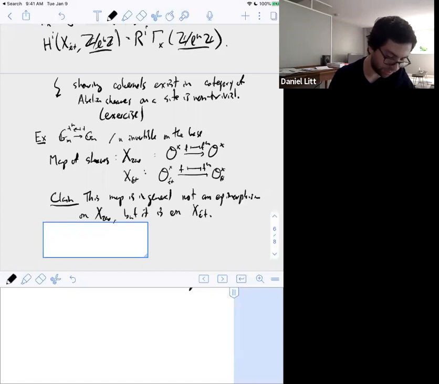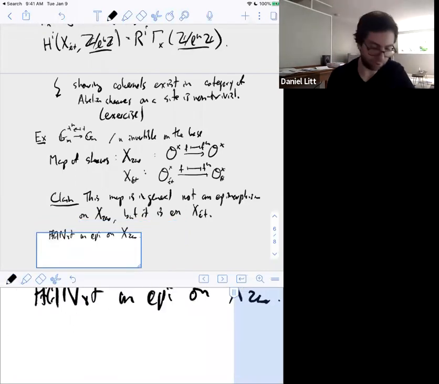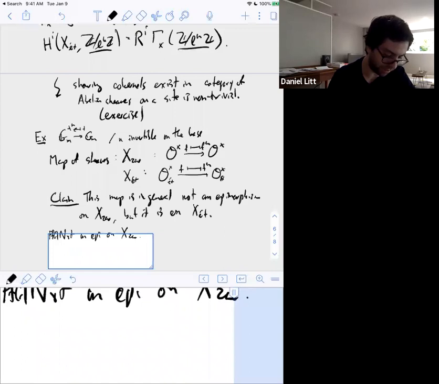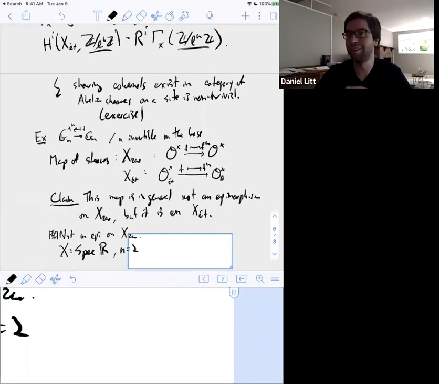So let's prove first that it's not an epi as a usual map of sheaves on the Zariski site. So it suffices just to give one example, right? So let's just take X to be Spec R, the real numbers, and n equals 2, and you'll see that this will work in general.